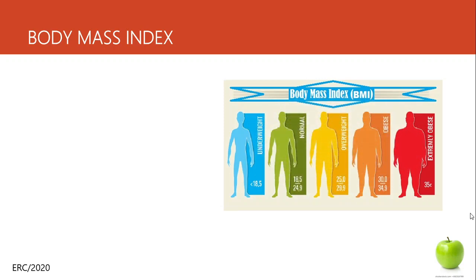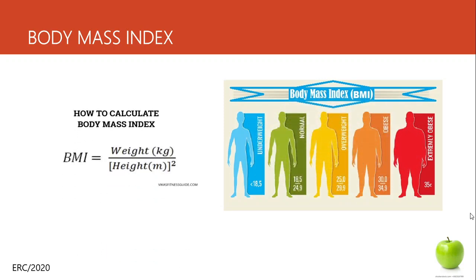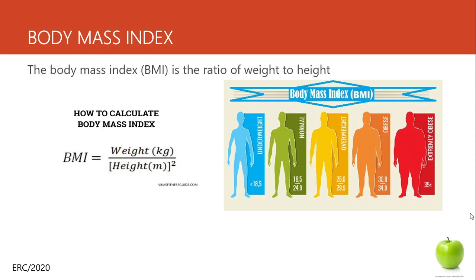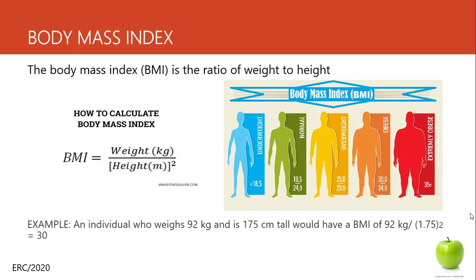Okay, next we have the body mass index. How we're going to compute the body mass index. The formula is weight in kilograms over the height in meters squared. The body mass index is the ratio of the weight and the height.